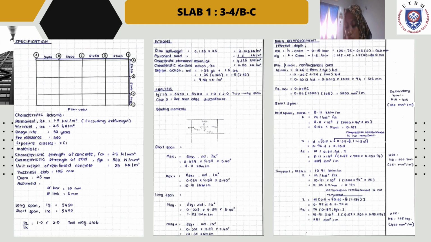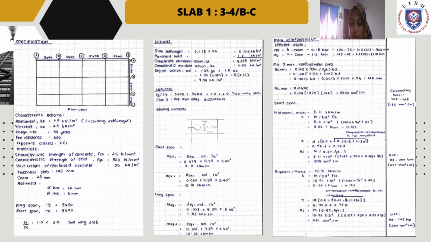For our support, the As required is 281 mm cube per m. Meanwhile, our provided As is H8 125 at the top, with a value of 402 mm cube per m.